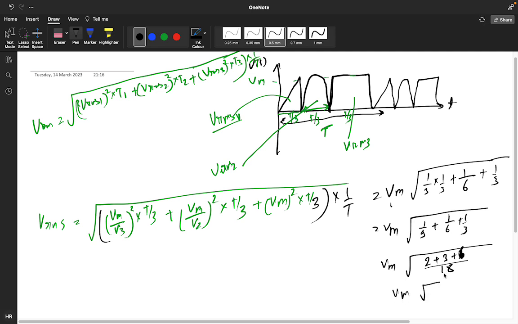Vm root under 11 by 18. This is coming. Prasanna, is this coming? Yeah. So this will be the Vrms of this particular signal. Okay, you got it? How to solve this kind of signal? Understood? Okay, then it's fine. If you understood, then it's good.